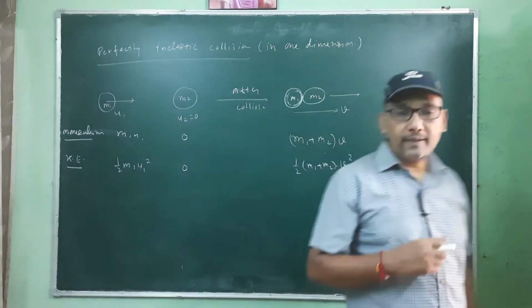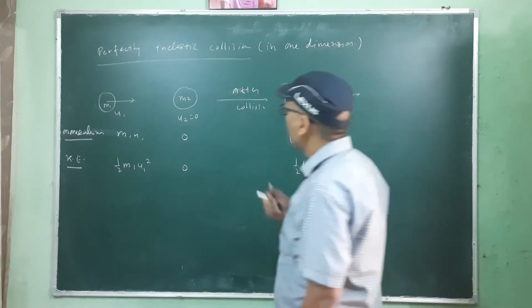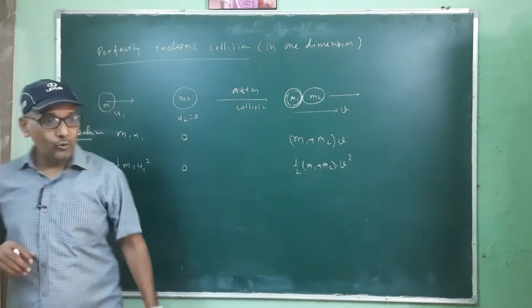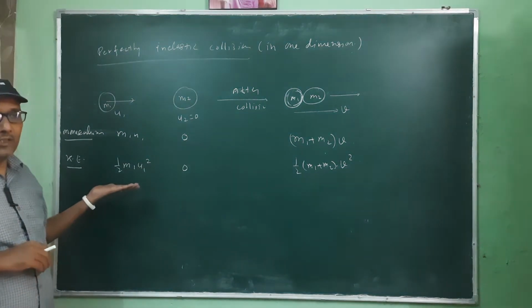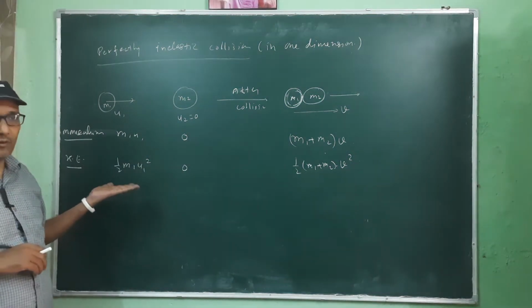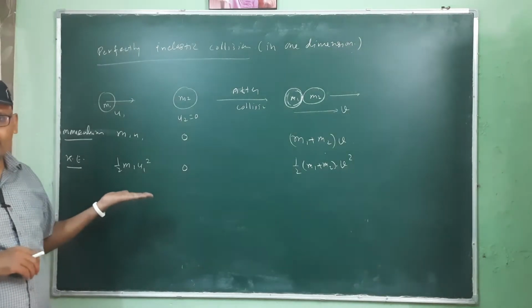This case is simpler than the first type of collision, the elastic collision. We use the conservation of momentum, and in this case the kinetic energy is not conserved because this is an inelastic collision, so we will calculate the energy loss.